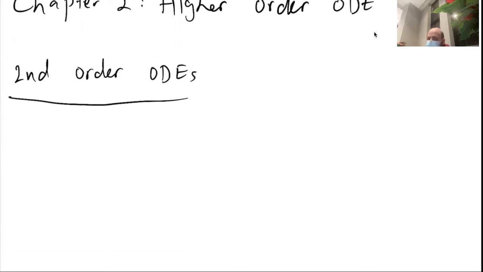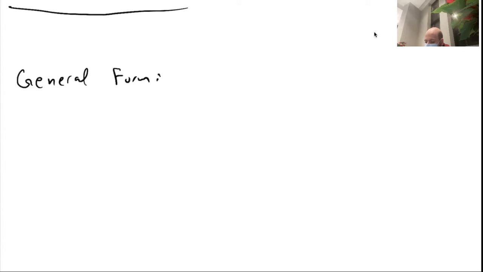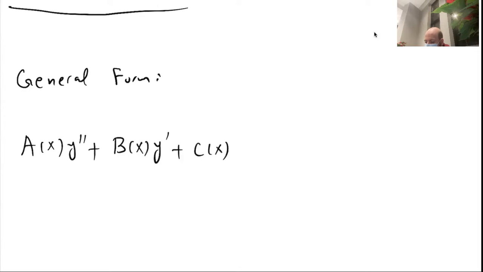So basically a second order ODE, we know it looks like this equation, the general form. Let's say we have a of x times y double prime plus b of x y prime plus c of x y equals d of x. So the highest derivative that appears is the second derivative.